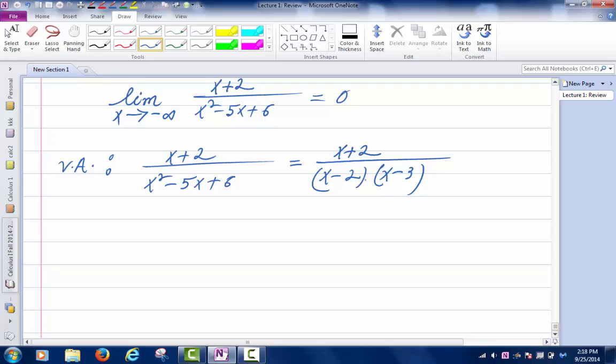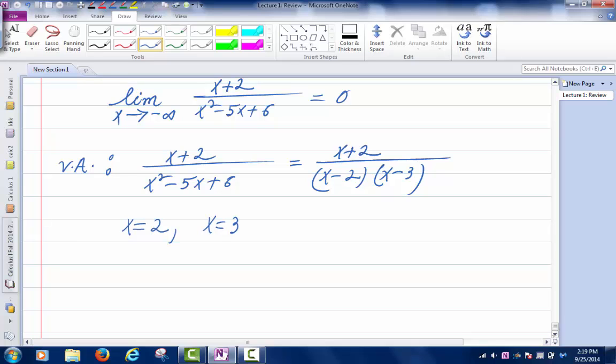So I'm going to have a vertical asymptote at 2, and I also have a vertical asymptote at 3, the same way. Basically, these are the places where the denominator vanishes, but the numerator doesn't vanish at those numbers. That's important, that the numerator does not vanish at 2 or 3.